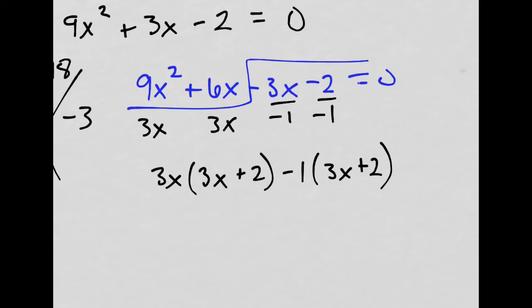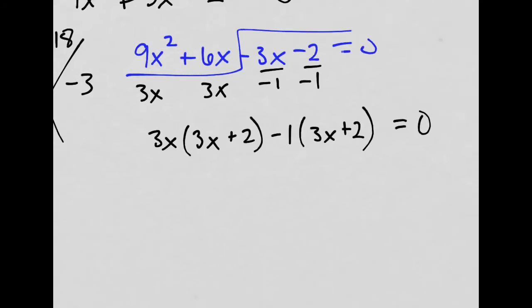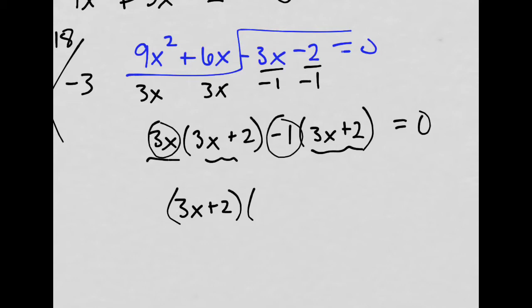And so I know I'm doing it right. And remember, these are the same, so I can factor that out. 3x plus 2 on the outside, and then the leftovers on the inside. I have 3x minus 1 equals 0.